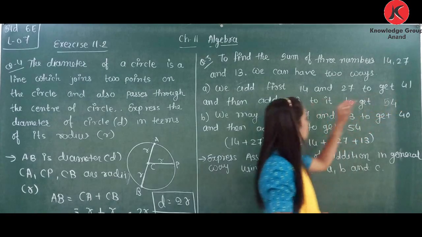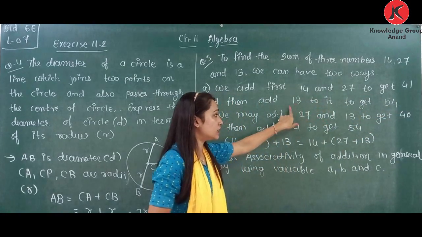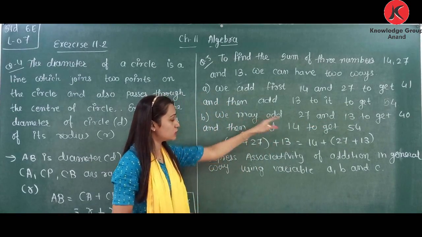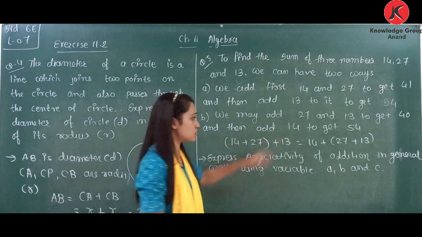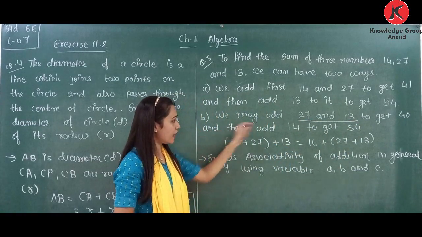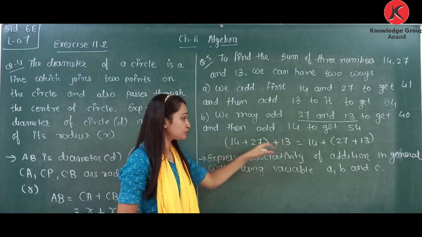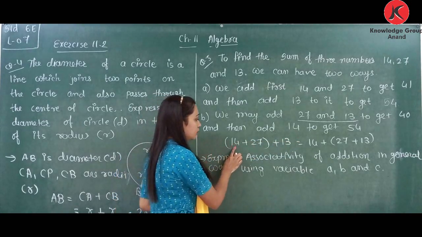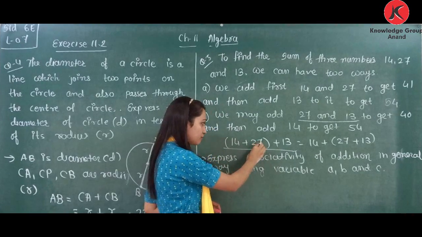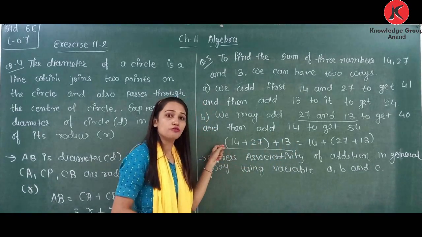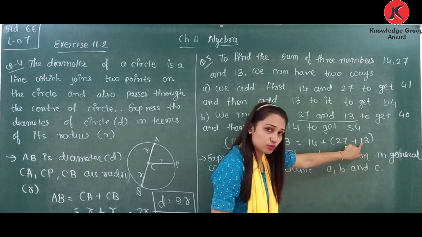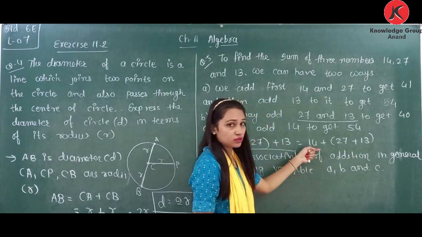After getting 41, we add 13, so we get 54. Or another way, we may add 27 and 13 first, and then we get 40, and then add 14 to get 54. So in the first expression, we add 14 plus 27, that is 41, and 41 plus 13 gives 54. Another way is to add 27 and 13 to get 40 and then add 14 to the sum.